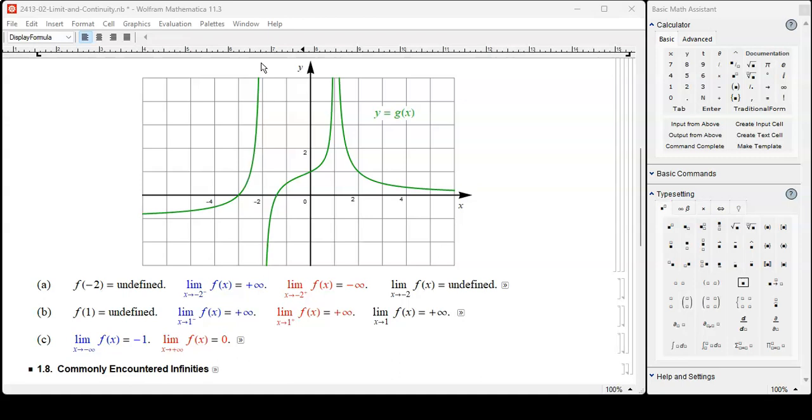Graph going up toward positive infinity, graph going down to negative infinity, like those. So the answer will be positive or negative infinity if you have vertical asymptotes. Those are going to be asymptotic behavior.